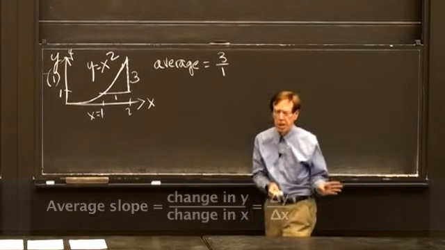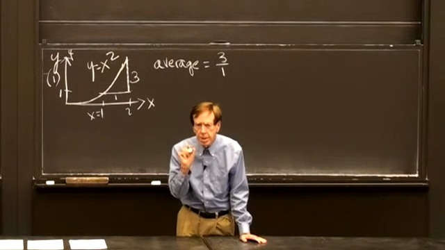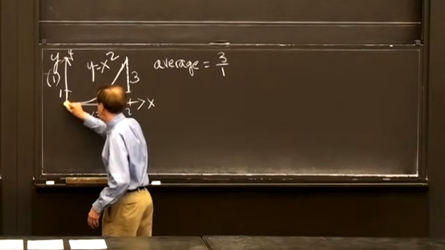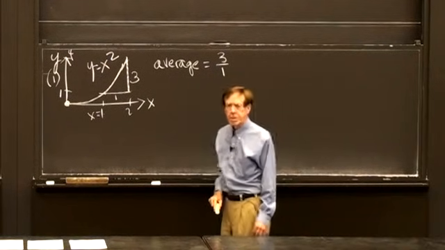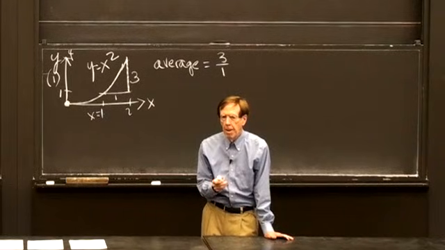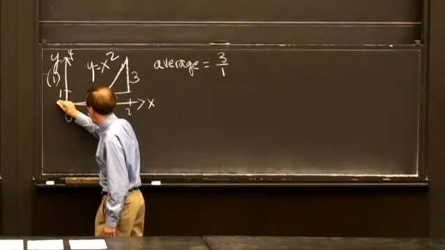But that's not calculus. Calculus is looking at the instant thing. And let me begin at this instant, at that point. What does the slope look like to you at that point? At x equals 0, here's x equals 0, and here's y equals 0.